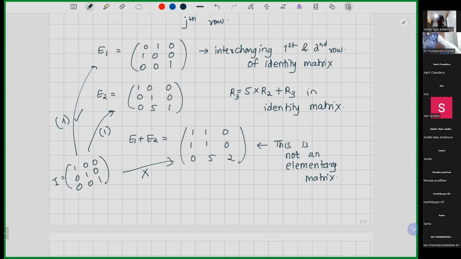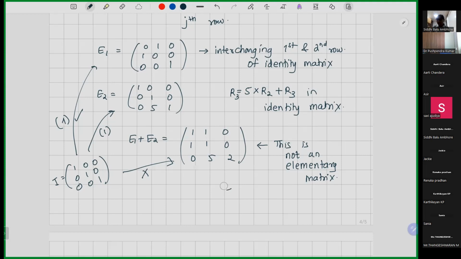We can apply elementary row operations on any matrix, but the definition of elementary matrices is by default one row operation applied to the identity matrix.